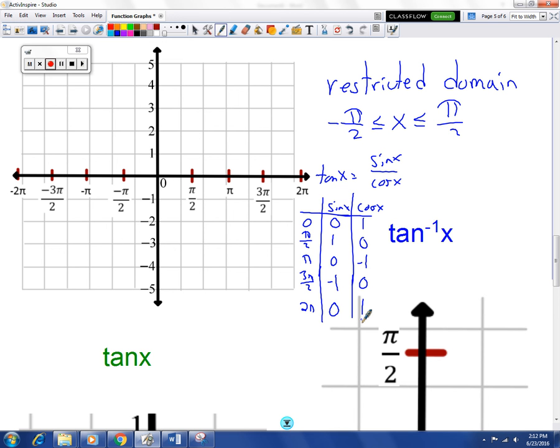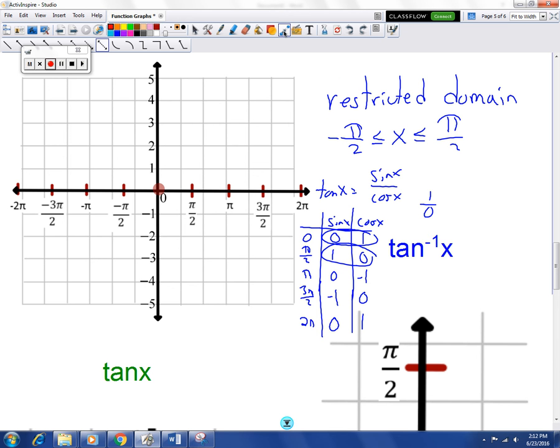So tangent is you divide. 0 divided by 1 is 0. So let's put a point at 0, 0 for our tangent. Now when we try to do our next point, sine divided by cosine, 1 over 0, well, that's undefined. So we have an asymptote at pi over 2 when we're graphing tangent.